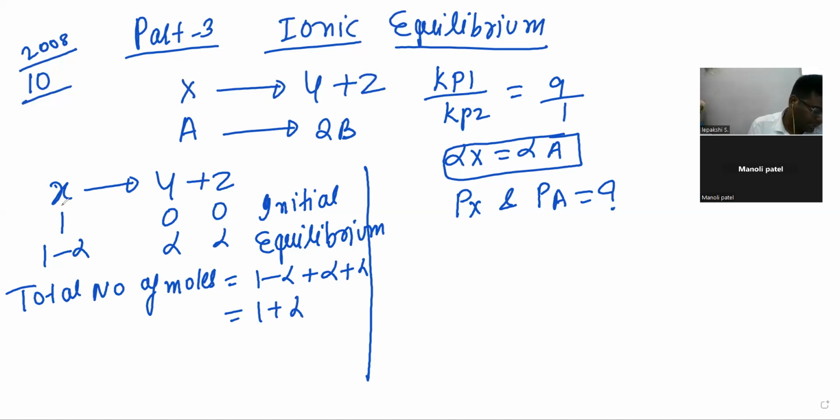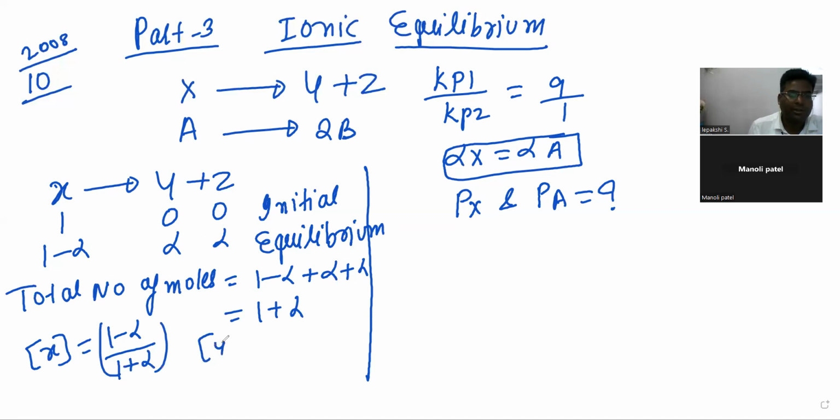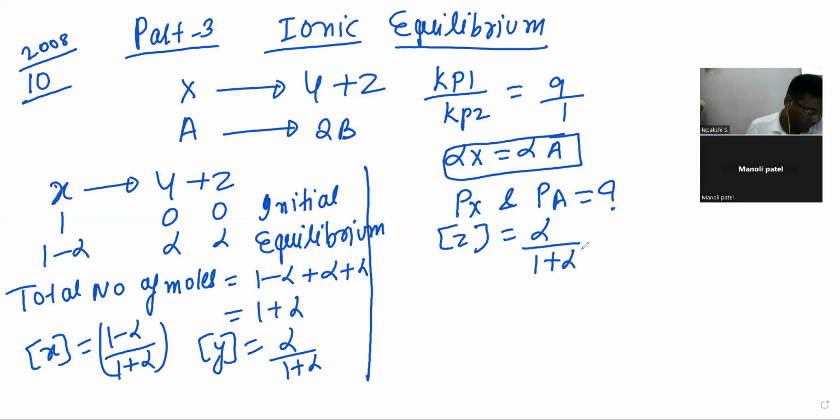So see the concentration of X first. The concentration of X will become 1 minus alpha divided by the total number of moles. Next, the concentration of Y is alpha upon 1 plus alpha. The concentration of Z is alpha by 1 plus alpha.